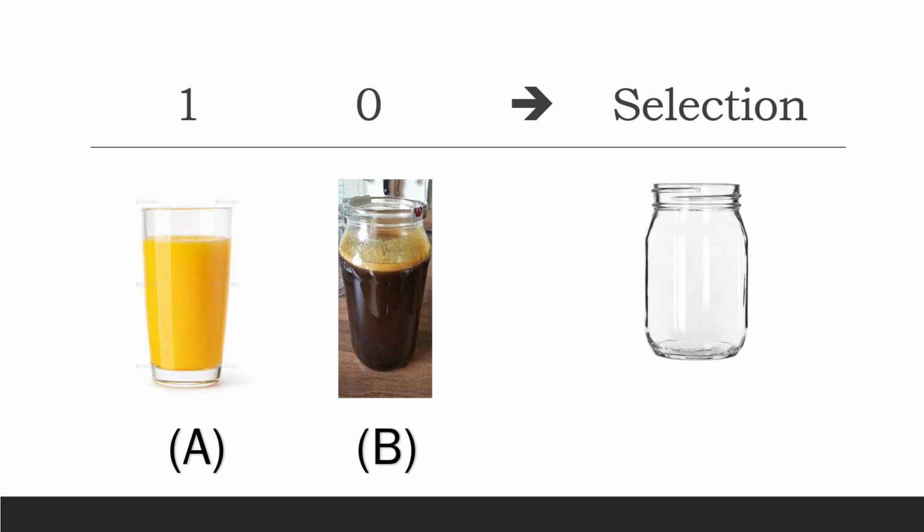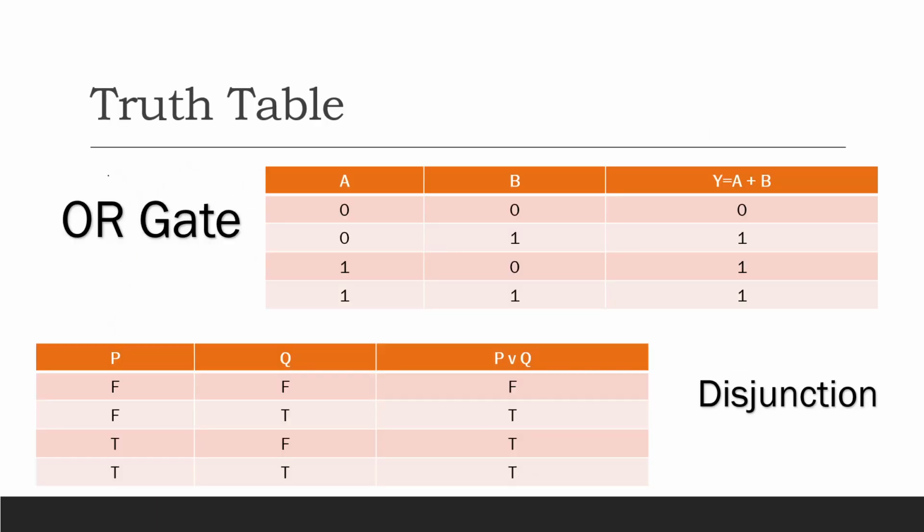How will you select out of given two? We will see it with the help of the truth table. In the truth table, the upper one is given for the OR gate, whereas the below one is for disjunction. Those who are into degree or diploma can refer to the upper one, and those who are into higher secondary level can refer to the below truth table.